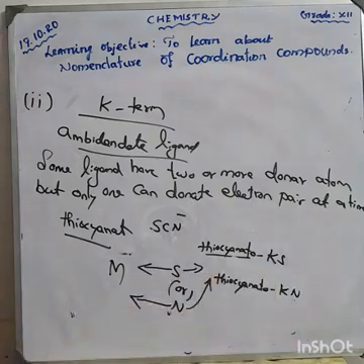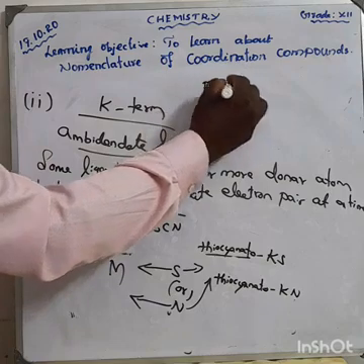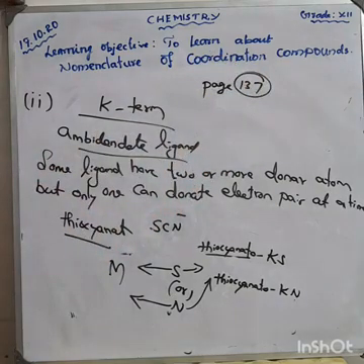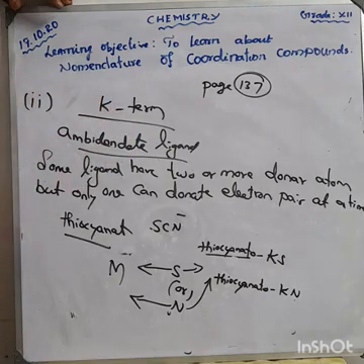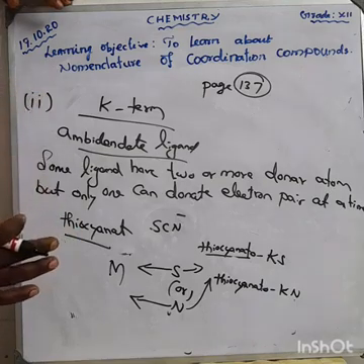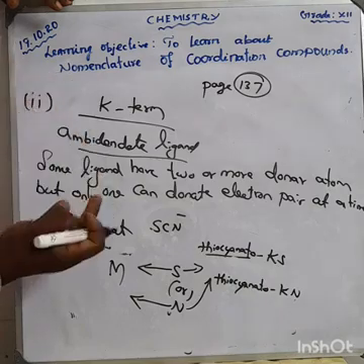Also, in our textbook, page number 137 has some examples about the cationic and anionic ligands. As per the monodentate ligands: bromido, chlorido, fluorido.